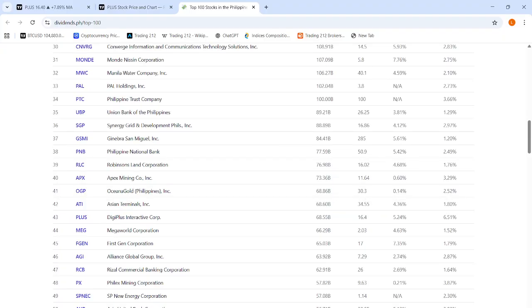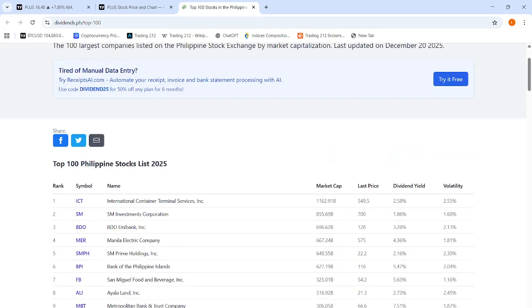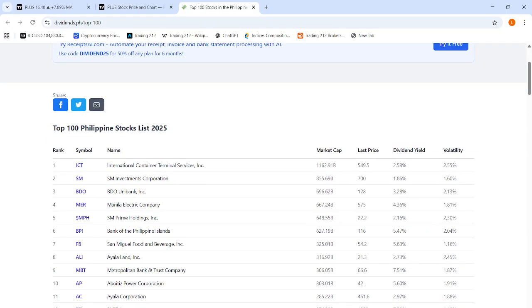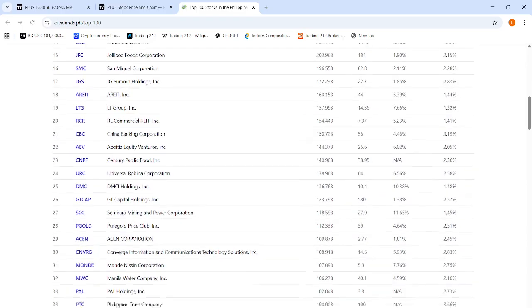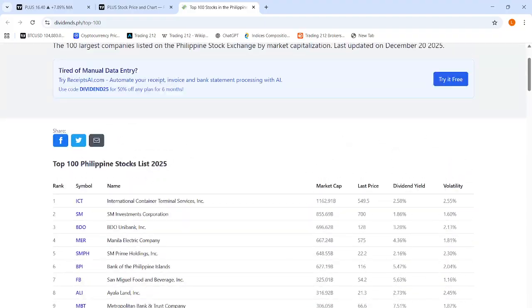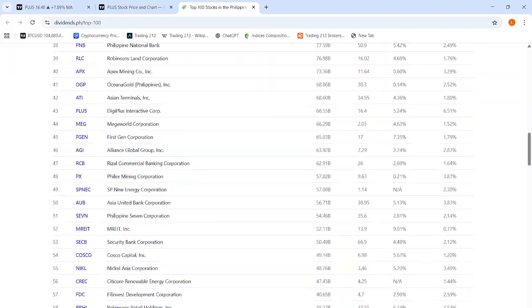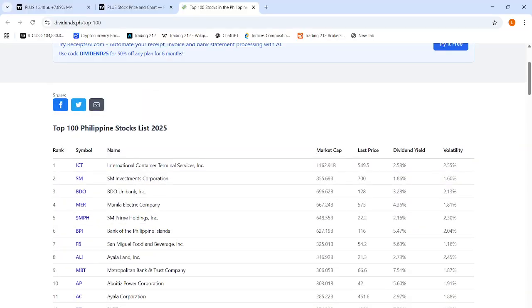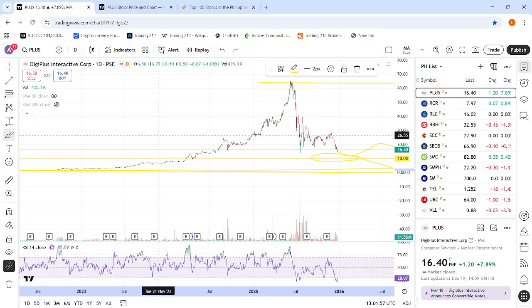It's ranked 43rd among the 100 Philippine stocks. Rank 43, so that is average. Number 1 is still ICT, International Container Terminal.